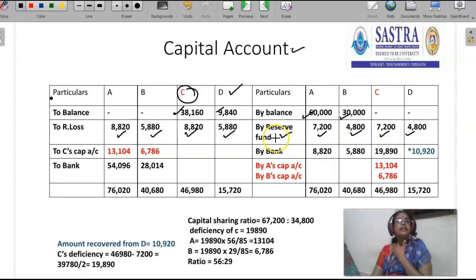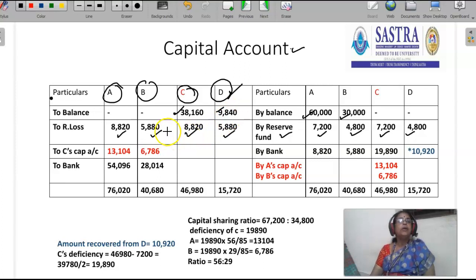Then the next one is, according to the Garner versus Murray rule, solvent partners should bring cash for their realization loss. Here the solvent partners are only two, A and B. D doesn't have money. C is not an insolvent partner, but he has a debit balance.